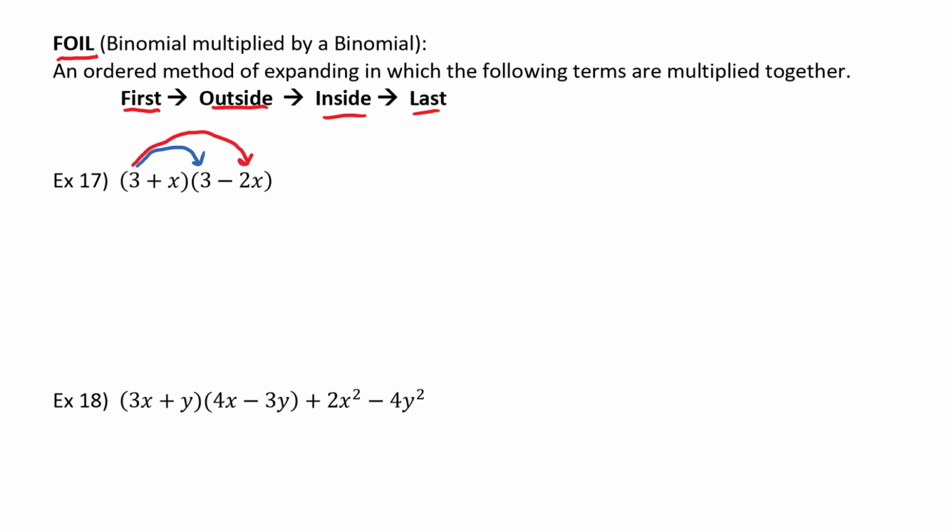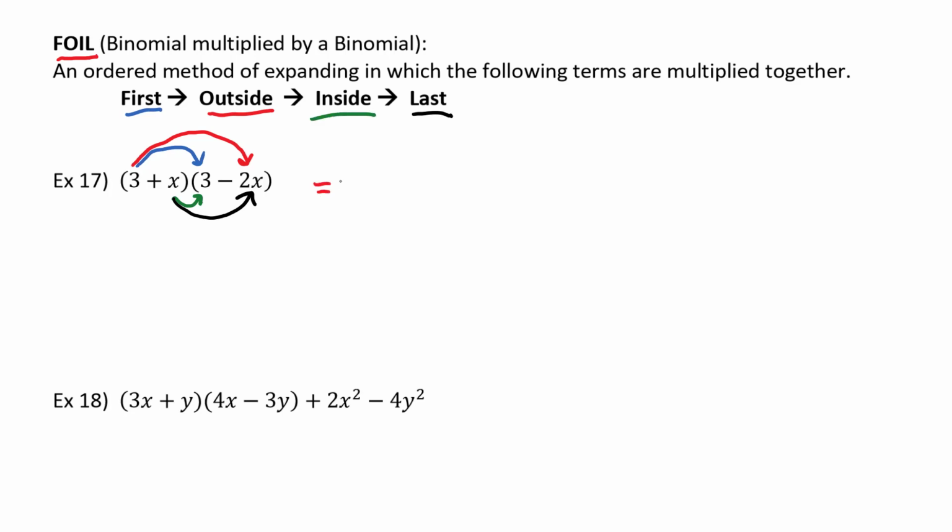And then we must combine together the inside values, and then we combine together the last values. So let me try and underline these. We have first, outside, inside, and we have last.